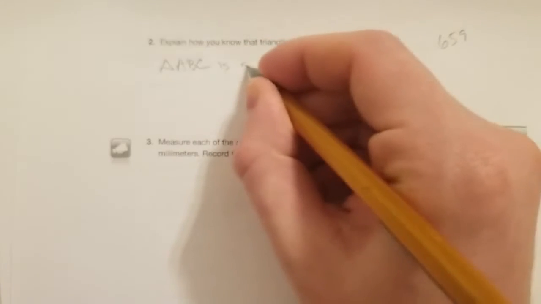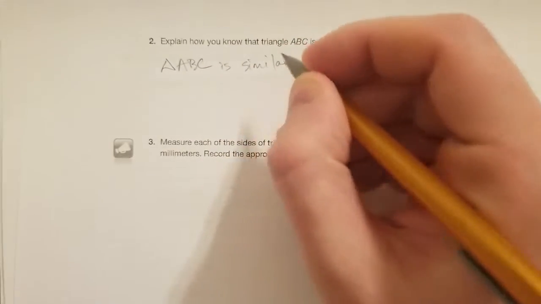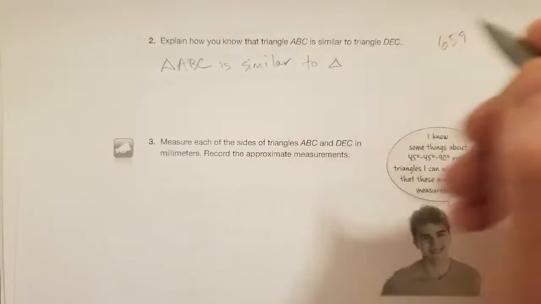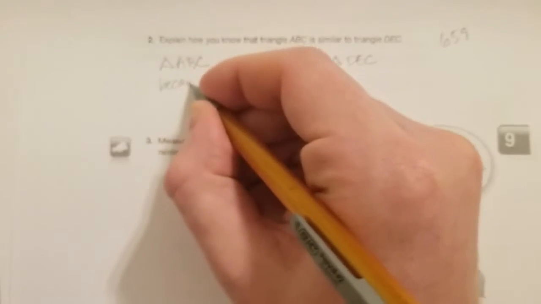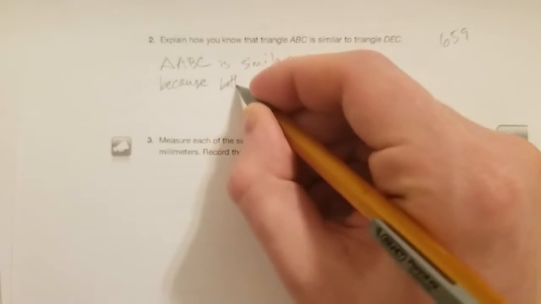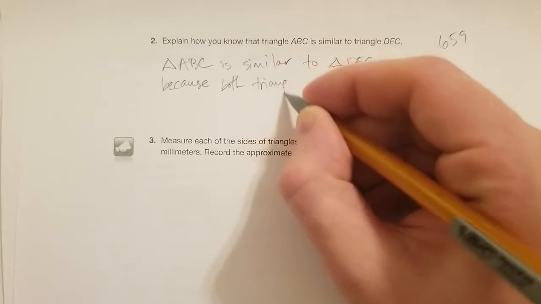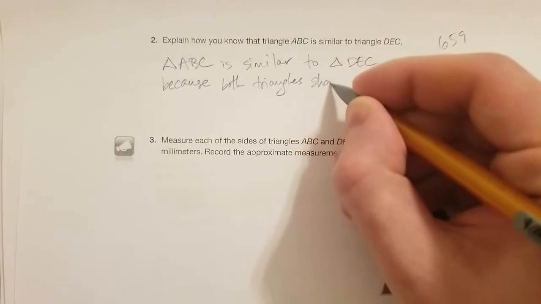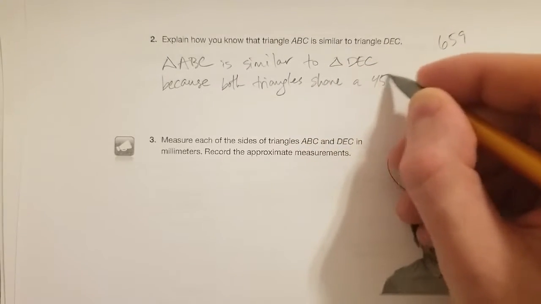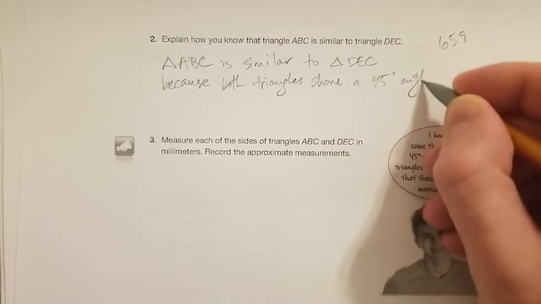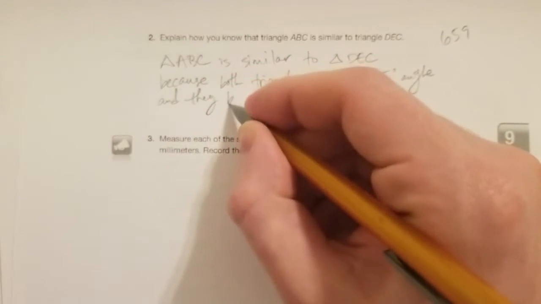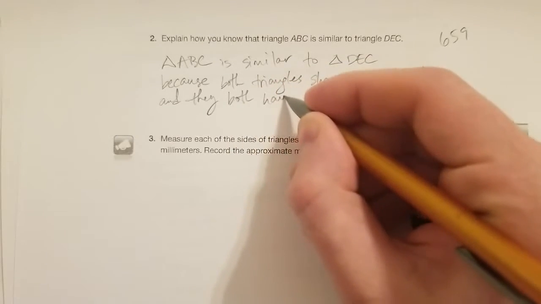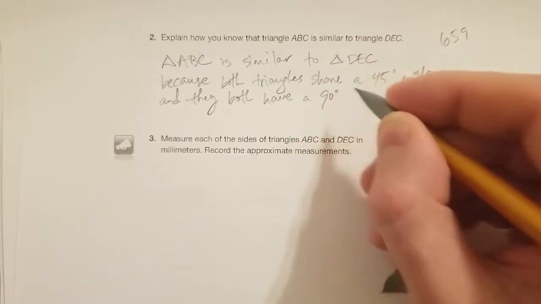Triangle ABC is similar to triangle DEC because both triangles share a 45-degree angle and they both have a 90-degree angle.